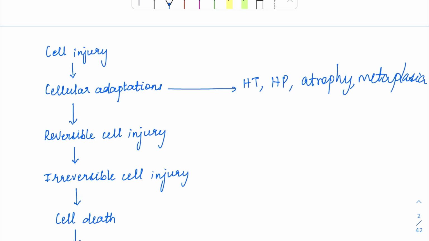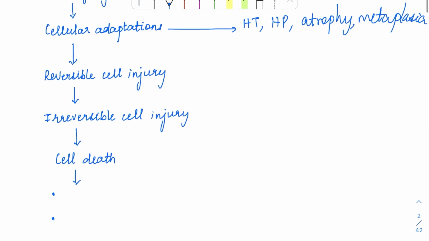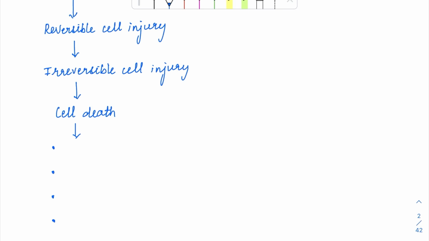Then if the stimulus is still persistent or quite heavy, in that sense it will undergo irreversible cell injury. So an irreversible cell injury will then culminate in cell death.